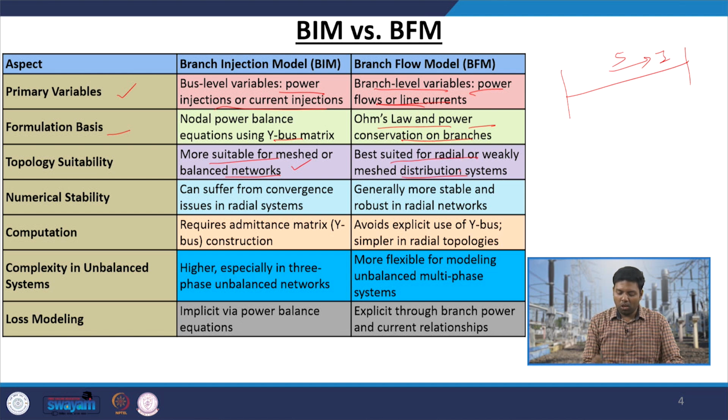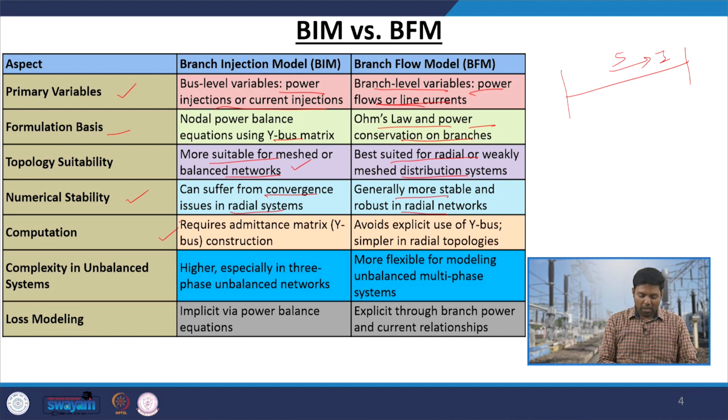However, your branch flow model is mostly suitable for radial and weakly meshed distribution networks. On numerical stability, the bus injection model converges properly for mesh systems as I have mentioned, but distribution networks are mostly radial, and for radial distribution networks it suffers from convergence issues. However, your branch flow model is very robust and it converges for the radial distribution network.